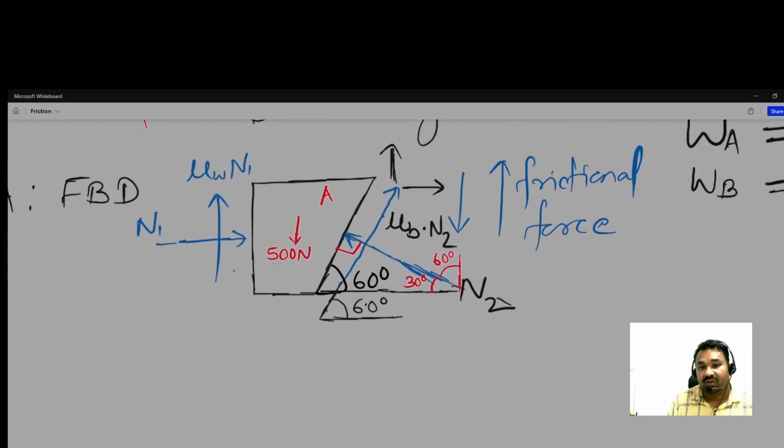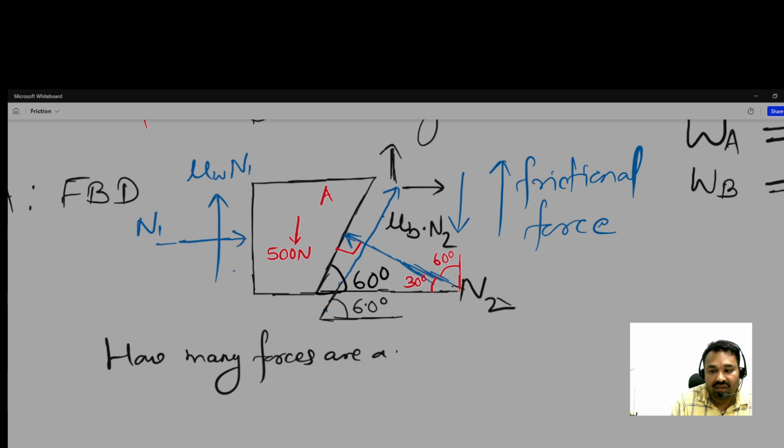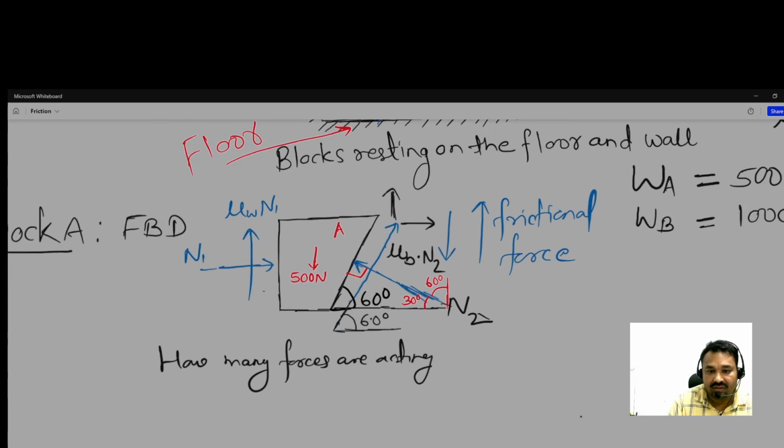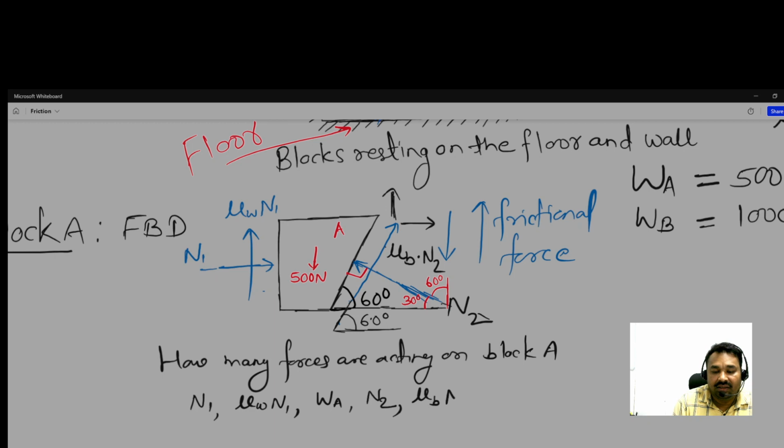There are 5 forces acting on block A. Firstly N1, then mu w N1 the frictional force second, and the weight of block A third, then N2, then mu b N2.